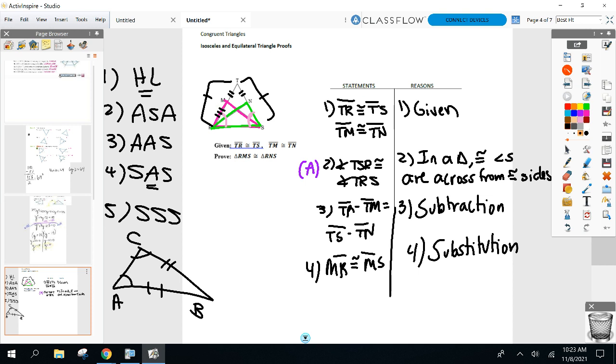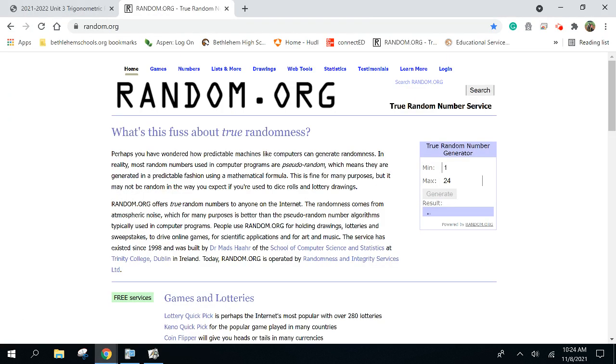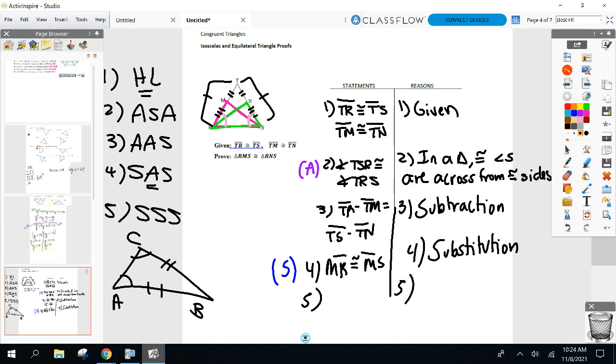We got a pair of sides and a pair of angles done now. I need one more pair of something. Dig deep here. This is where the highlighting comes into play, I think. Do we see another pair of sides or angles that you can see here?